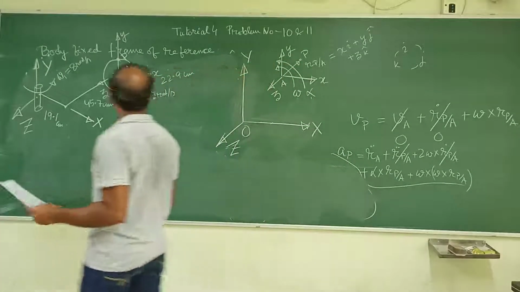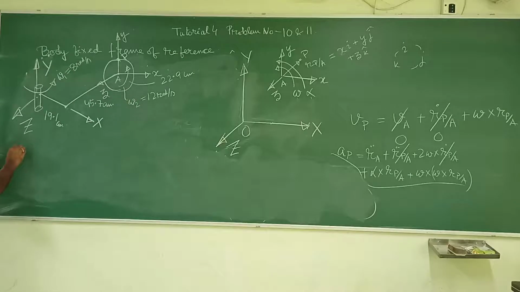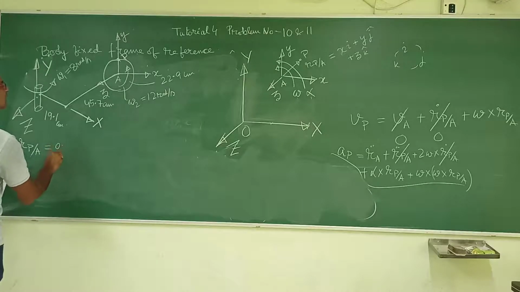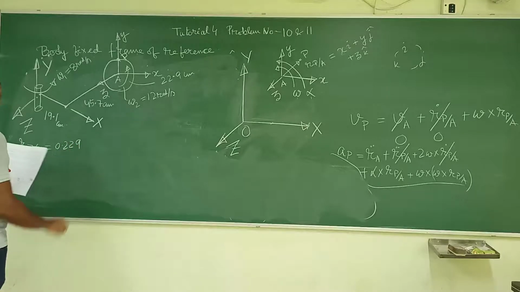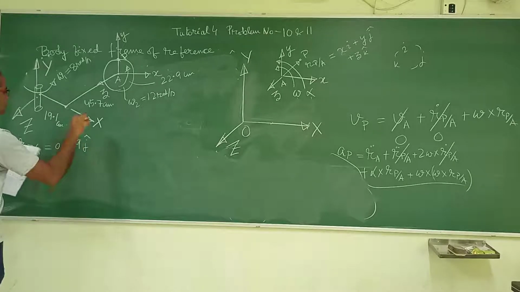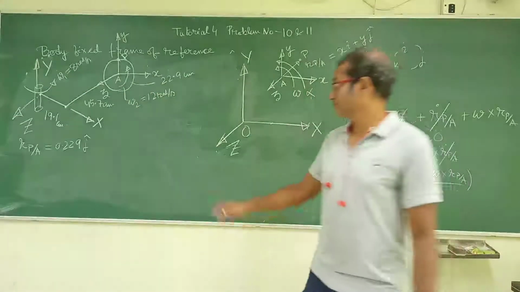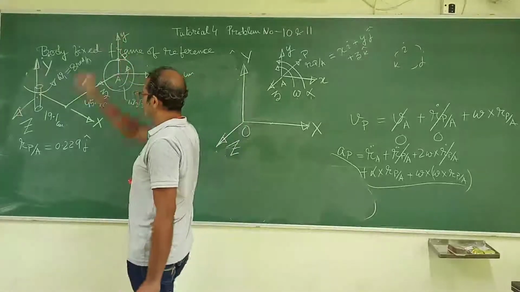So now what I am going to write is Rp by A is equal to what? What are you going to write? 0.229 J. Agree or not? Yeah, this is it.